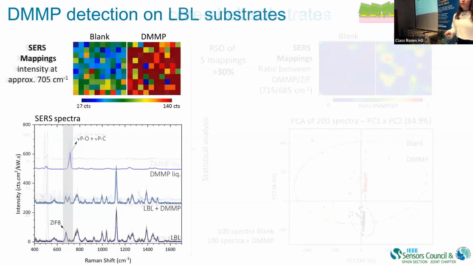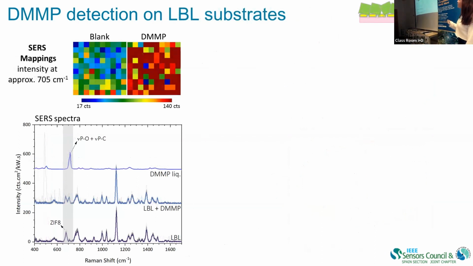In comparison, for the layer by layer substrate, we did the same type of analysis. So here we see the spectra before the DMMP. It's still full of interference peaks, but if we focus only on the region of interest marked in gray, we see that after DMMP exposure, the peak is here and very clear.